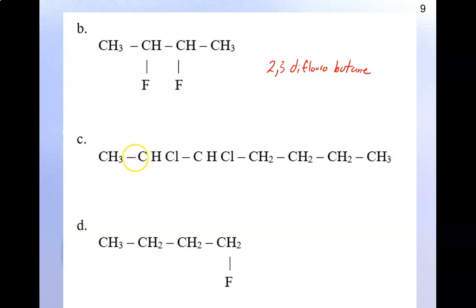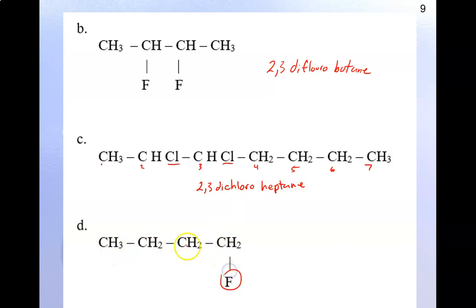Sometimes you'll see these things written in condensed molecular form rather than as a chain. And so we've got 1, 2, 3, 4, 5, 6, 7 carbons. On carbons 2 and 3 we've got the chlorine, so it's 2,3-dichloroheptane.